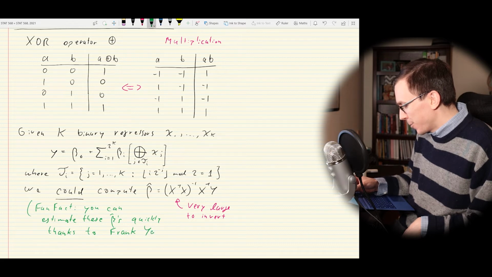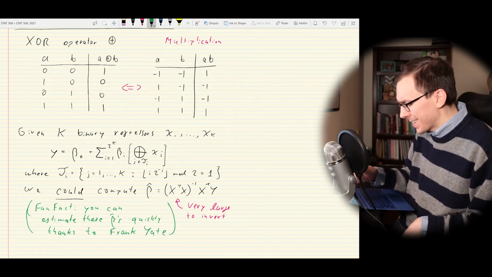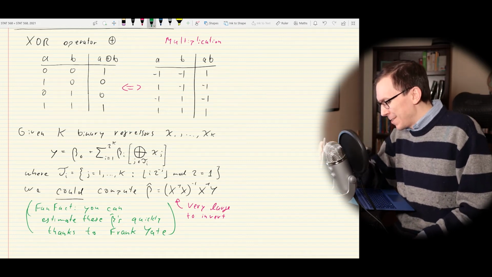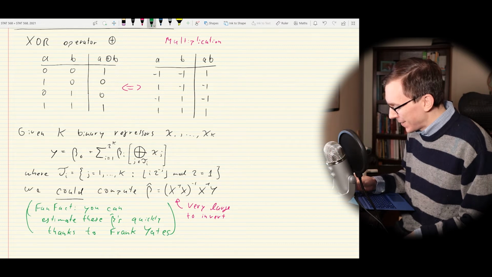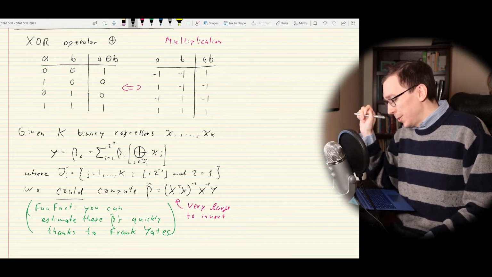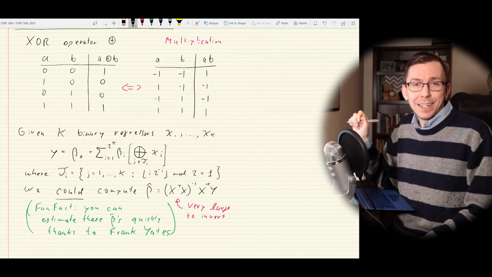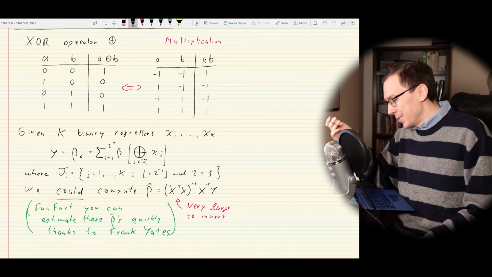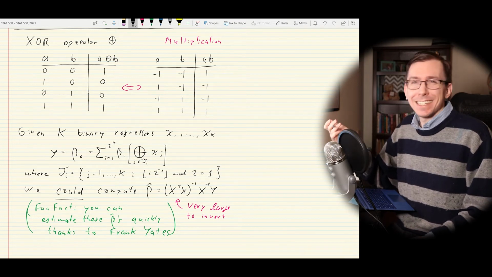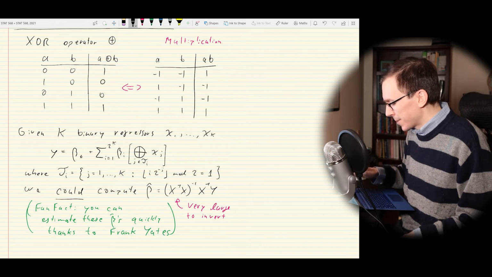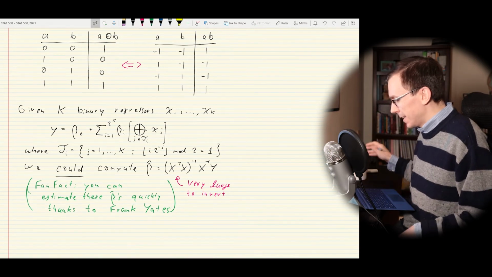I believe he worked with Fisher. I should double check my facts, especially because this is all being recorded forever. But Yates, with an S, Frank Yates, has a clever algorithmic way to compute all of these beta hats so that you don't have to do a giant matrix inverse, because that makes everyone unhappy. Nobody really wants to go through all that headache.